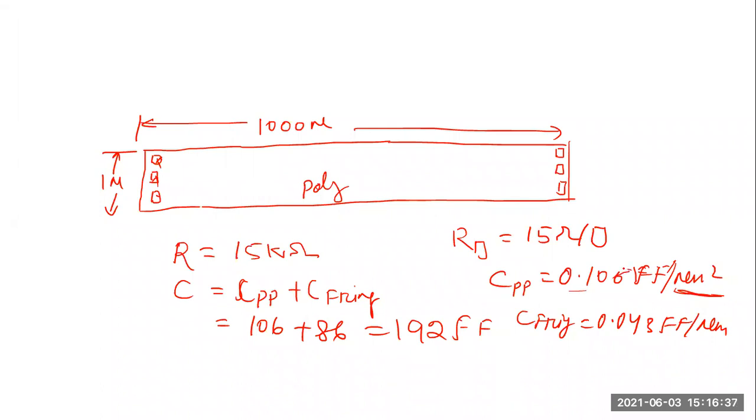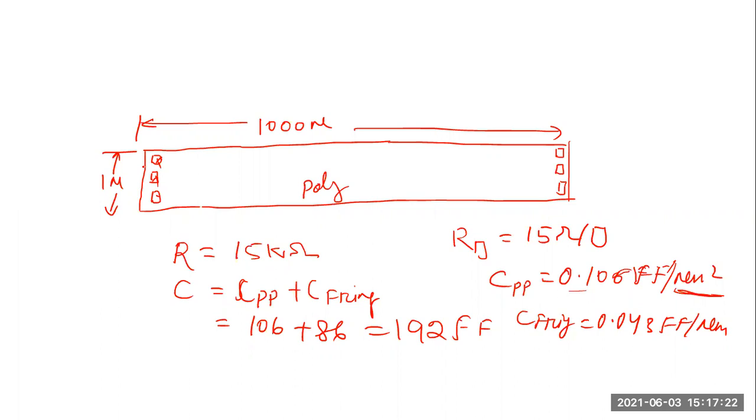We are multiplying the length. In which case? In the perimeter. What have I written? C fringe is equal to 0.043 femtofarad per micrometer. So if you multiply L in micrometer, then the micrometer cancels or not?